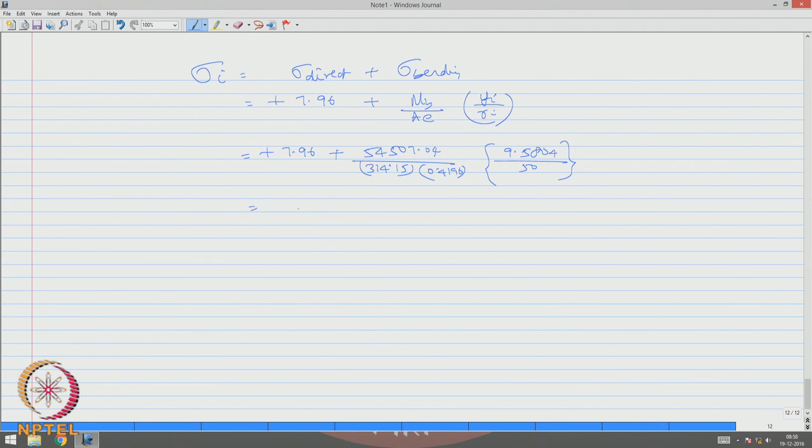So, I get this value as plus 87.2 Newton per mm square, plus indicates it is tensile.